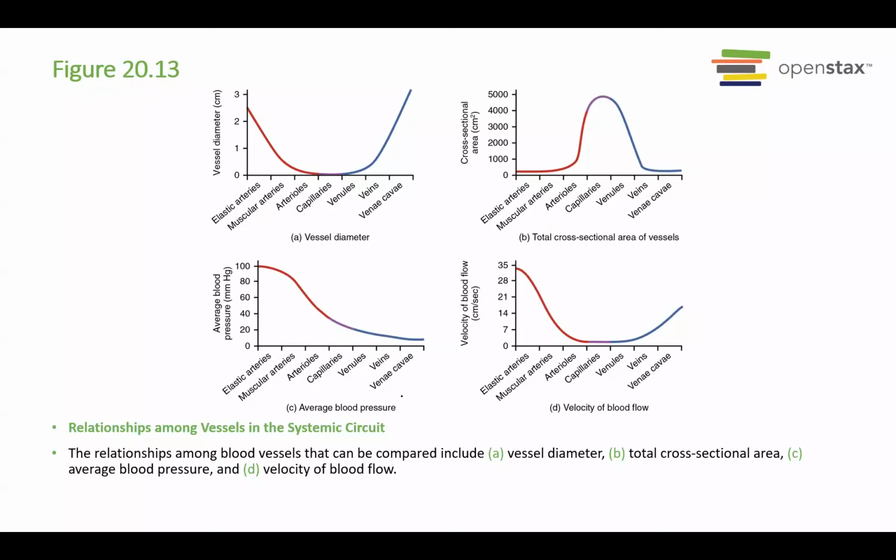Now this is a comparison of blood vessels based on diameter. Look at this one. This is the vena cava. It has a very large diameter, and this is the aorta. And over here are the capillaries, arterioles, and venules. They have a very small diameter.